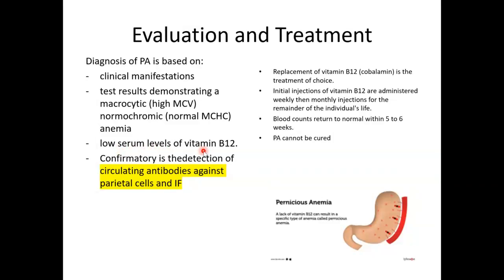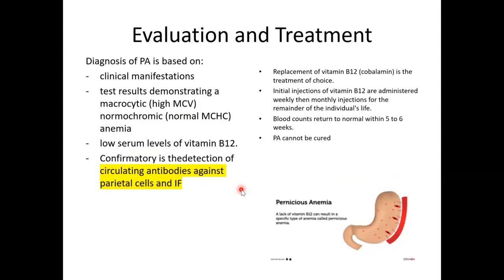We can draw blood and send it for a serum level for B12, those are low, so that's a pretty good clue, right? And confirmatory studies include the detection of the circulating antibodies against the parietal cells and intrinsic factor.